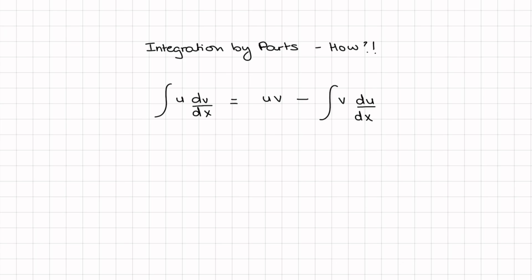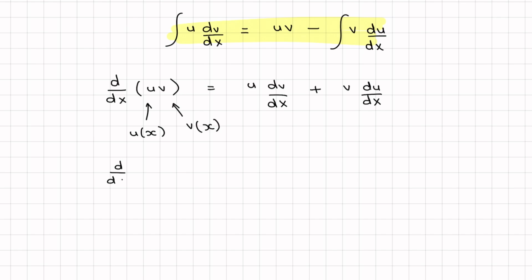So I'm just going to take away v times du by dx from both sides of the equation. And I'll have this on the left-hand side, and on the right-hand side, I'll just be left with this term.